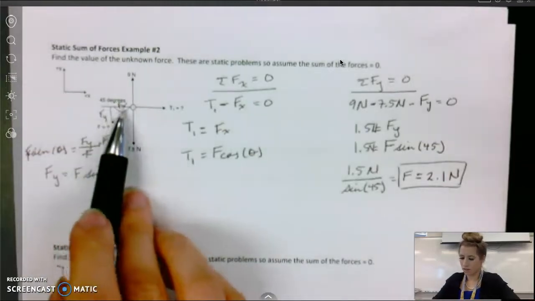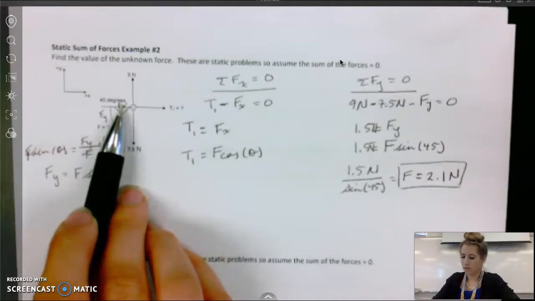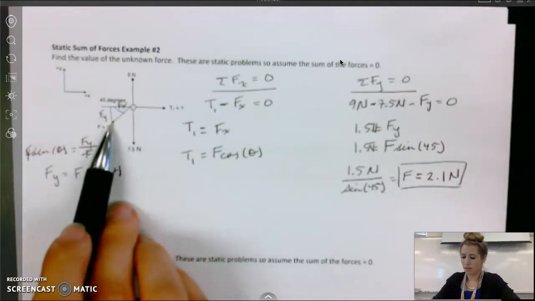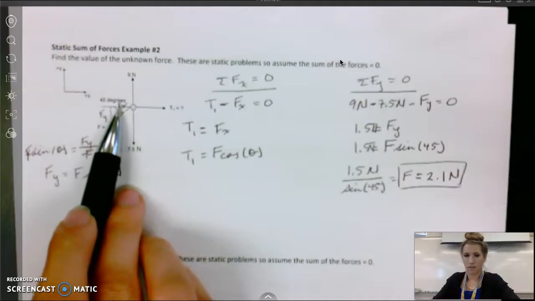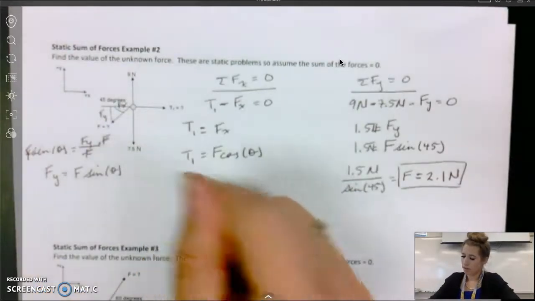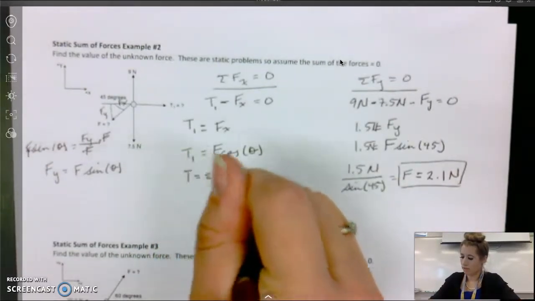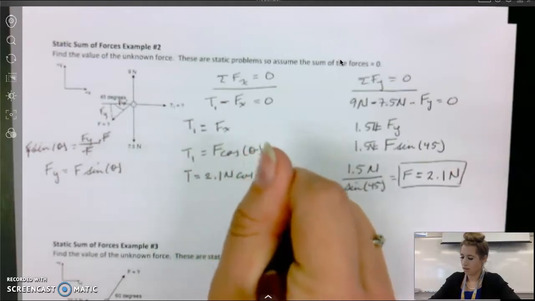Because f sub x is adjacent. And so to solve for that, I would use the hypotenuse f multiplied by the cosine of theta. Okay? So T sub 1, well, f was equal to 2.1 newtons cosine 45.